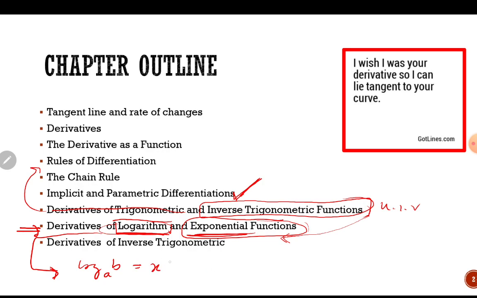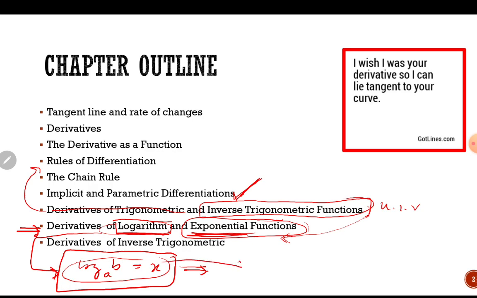Actually, logarithmic and exponential functions are related to each other. So log b base a equals x, we can change it into power or exponential form. It becomes a to the power of x equals b. A power of x is equal to b.